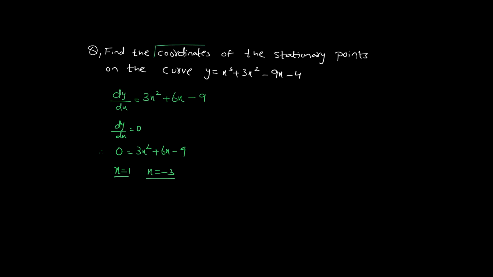In this question you were just asked to find the coordinates, meaning now you need to find the y coordinates as well. So you will have to evaluate y of 1. When you plug 1 in this, you get minus 9, and when you plug in the value of x as minus 3, you get positive 23.